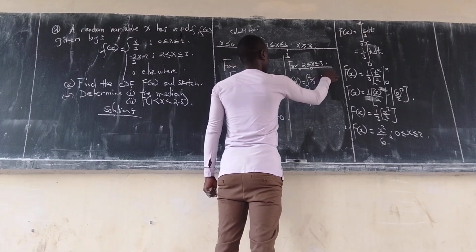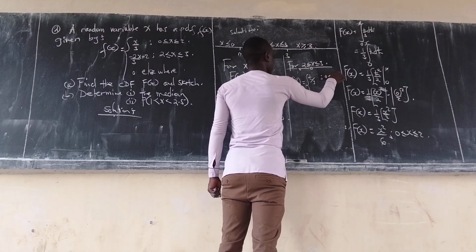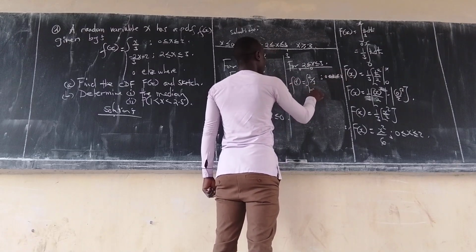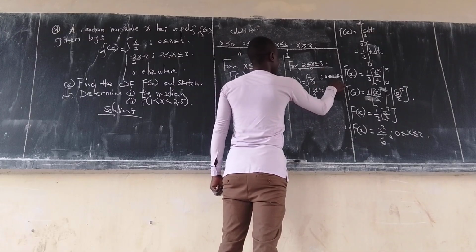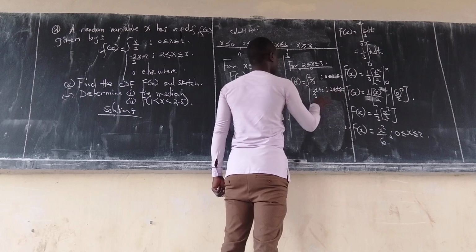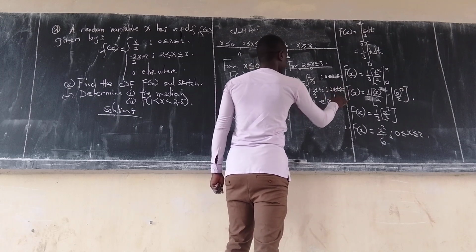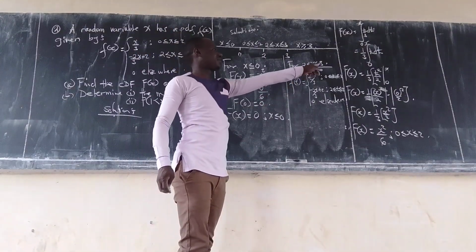This is when t runs from 0 to 2. It was negative 2 over 3t plus 2. This is when t runs from 2 to 3 and it is 0 elsewhere. We now want to get the capital F of x of this one.